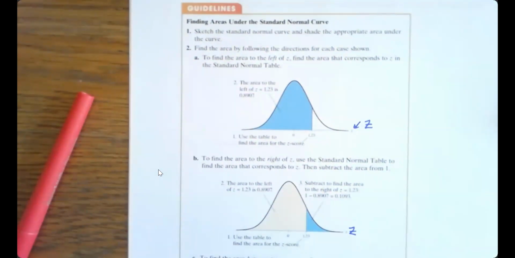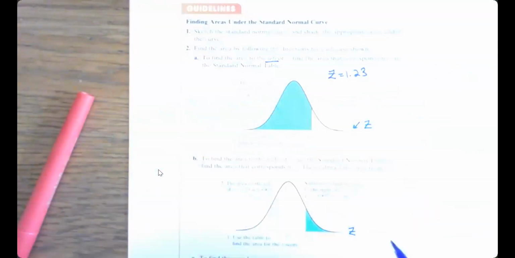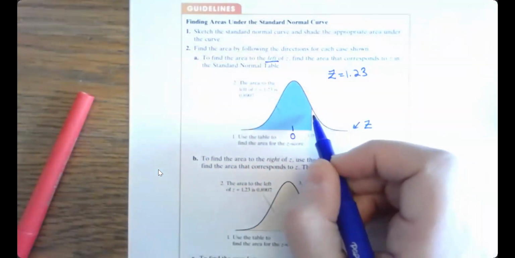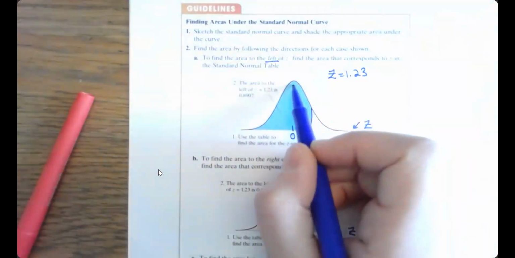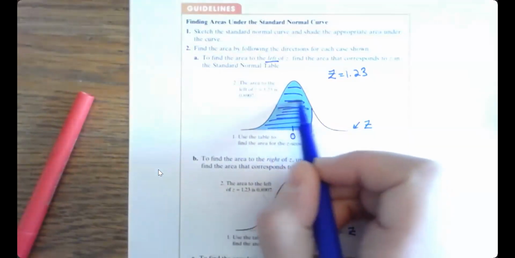So in the first example, we're going to find the area to the left of z. In this first case, our z-score is 1.23. You can see we're starting with the 0 in the center, and then you're graphing that z-score right here. Because I want the area to the left, we're shading the whole area to the left here.